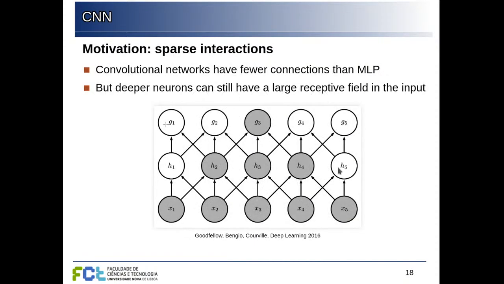However, we can, by adding more layers, make it so that this particular neuron here, so this would be an abstract neuron, in fact, we are just sliding the kernel, but the output at this point could be dependent on a large receptive field on the inputs, because it's depending on the output of previous convolutional layers that include outputs that depend on different receptive fields here.